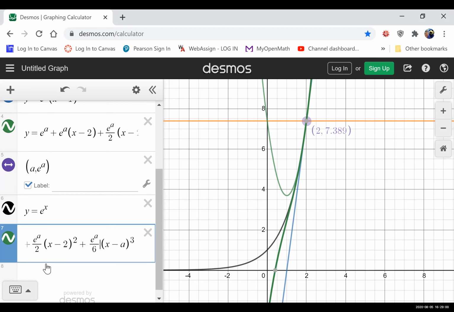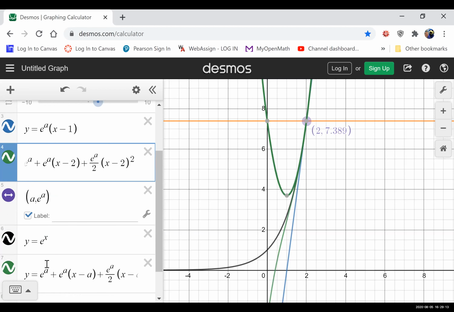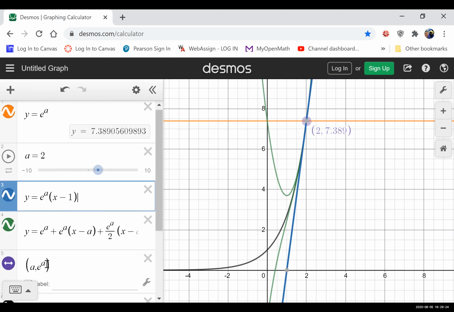Okay, so let's go back in here and every time we see a 2, we're going to put an a. Okay, I think that's good. I like what I've done there. And I think I'm good there. Okay, this one should not be a 1.